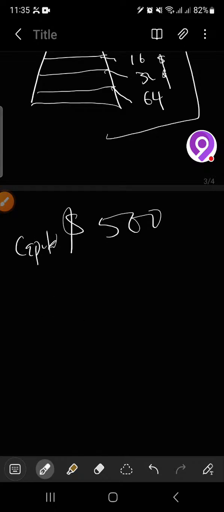Okay, so cross is determined by your entire capital. Let's say you have $500. Okay, let's now assume this is your capital, and this is your margin. Let's say your margin is $5. Can you see that?